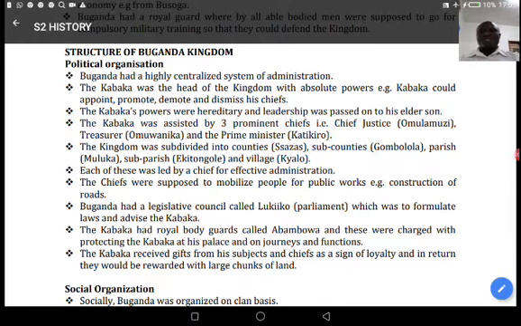We are still proceeding with our Buganda Kingdom. Last lesson we had the factors that were responsible for the rise and expansion of Buganda.